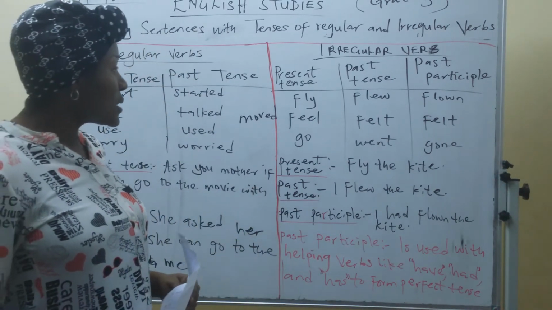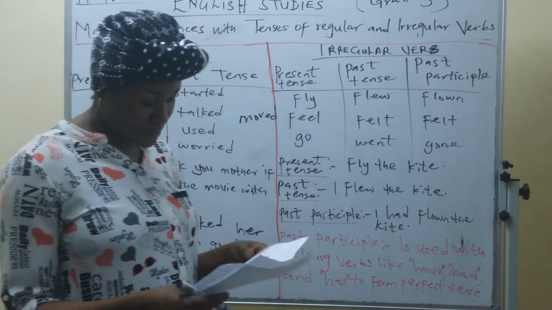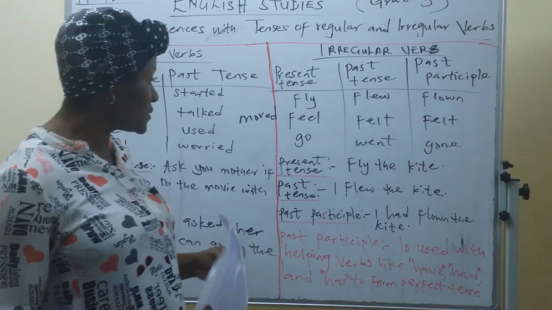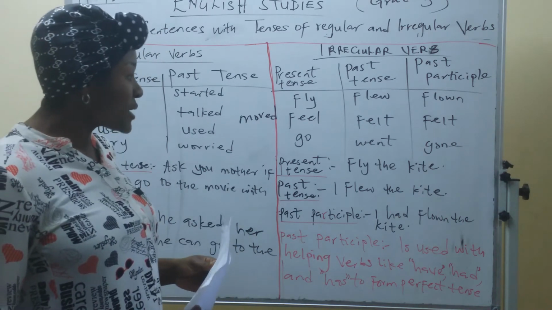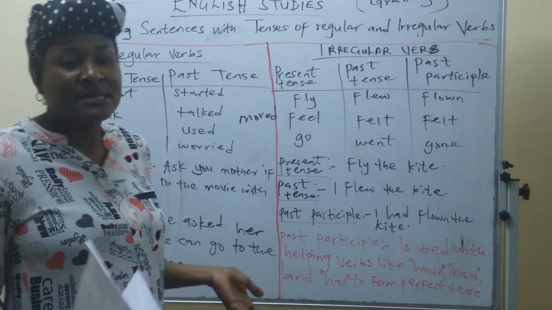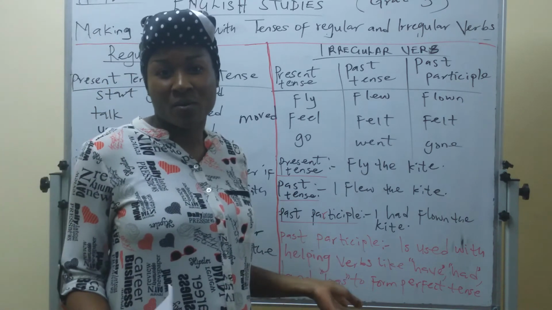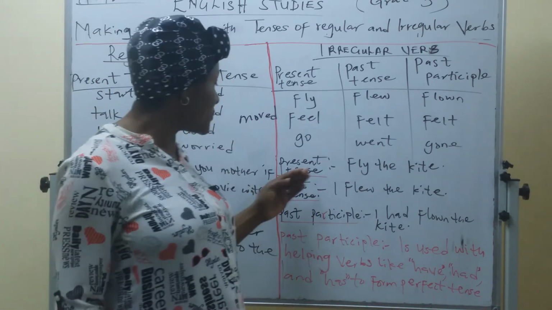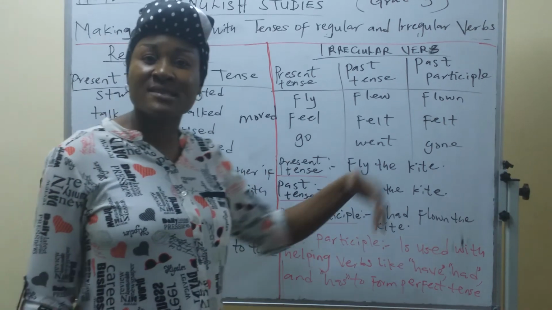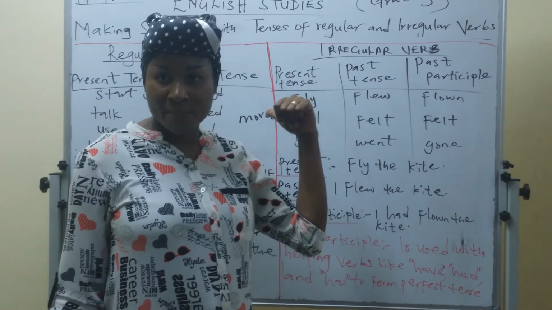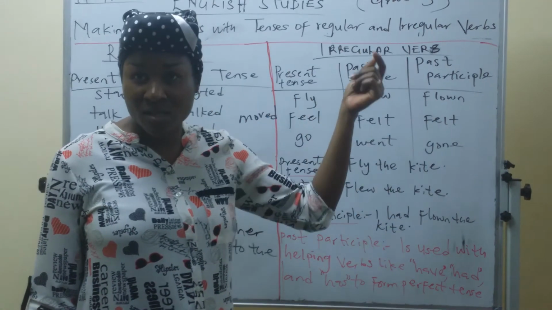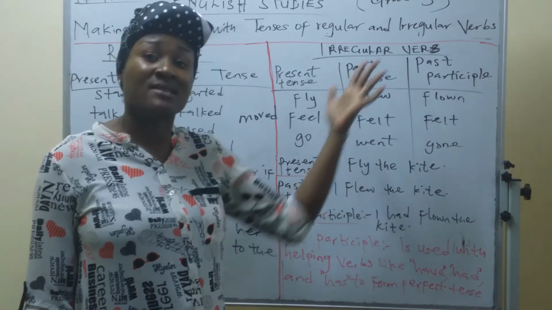Now, let me see another one I have here. Feel. You can say, I'm feeling sick, or I feel sick now. I feel sick. That is in the present tense. I felt sick yesterday. I had felt sick 3 days ago. That is in the past.